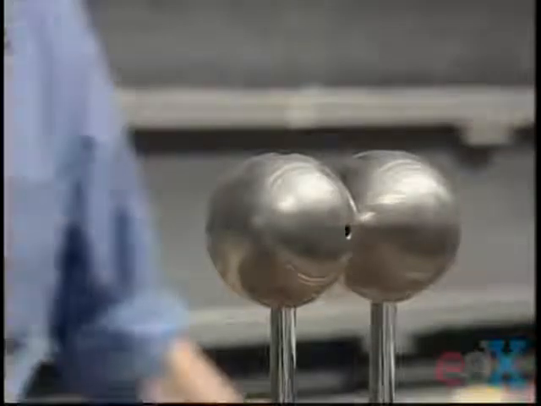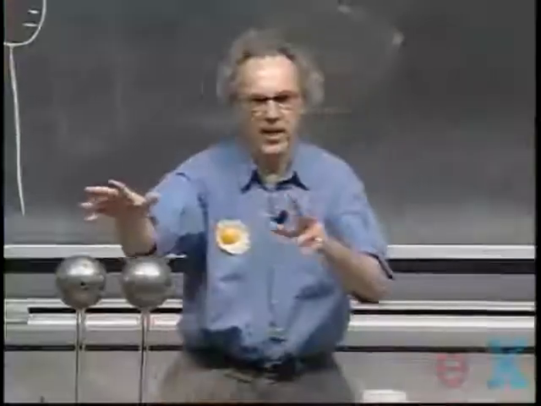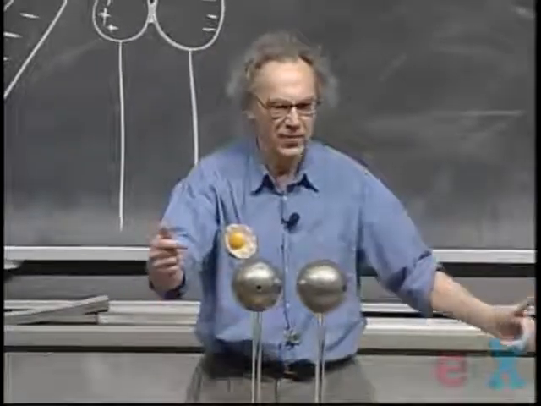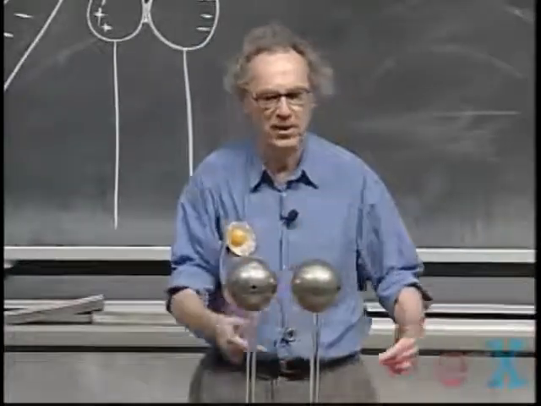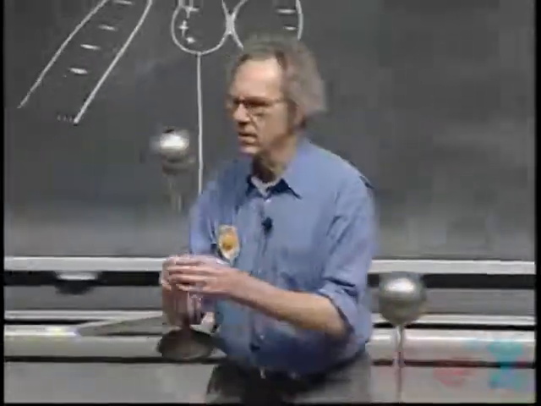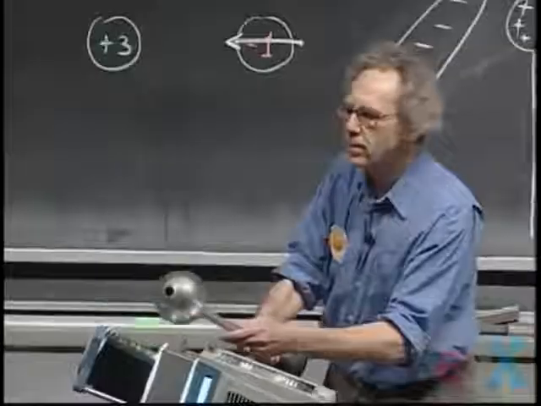So as I was holding it there, things were going on in there that you and I couldn't see, but the electrons, the rubber rod is negative, electrons were shifting in this direction, and this is now positive and that is now negative. If I take this one and I touch it with the electroscope, you clearly see that there is charge on this.